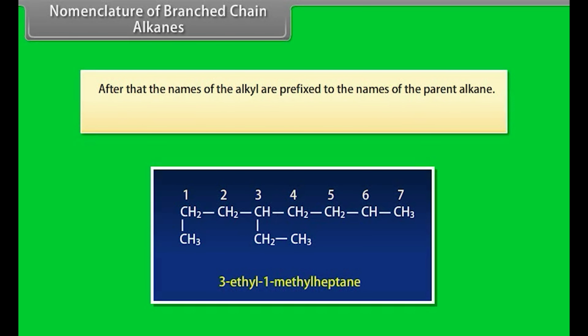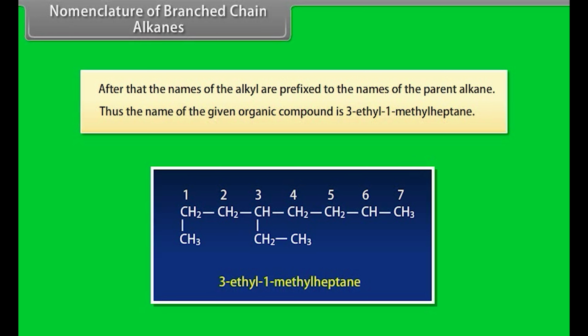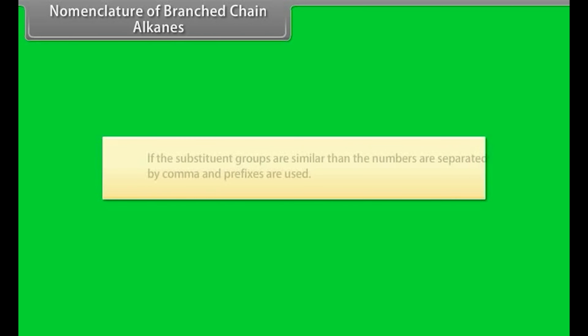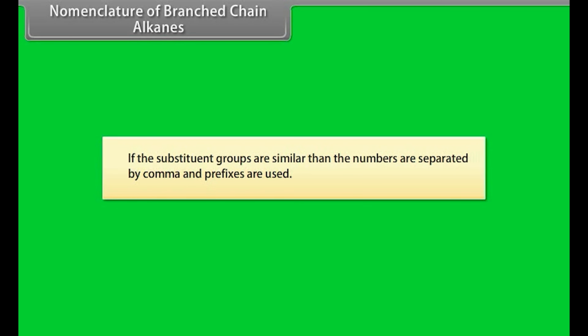After that, the names of the alkyl groups are prefixed to the name of the parent alkane. Thus, the name of the given organic compound is 3-ethyl-1-methyl heptane. Nomenclature of branched chain alkanes. If the substituent groups are similar, then the numbers are separated by commas and prefixes are used, such as given below.